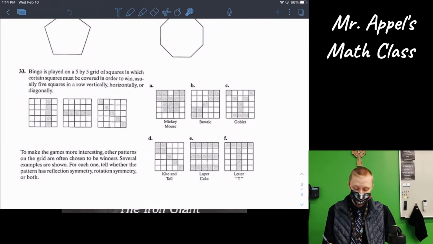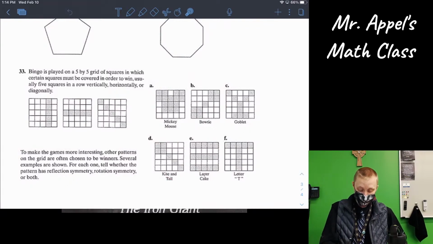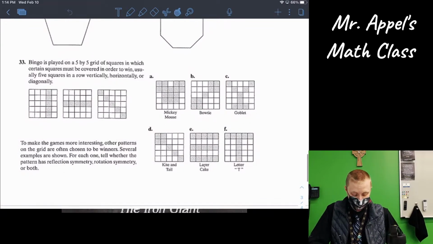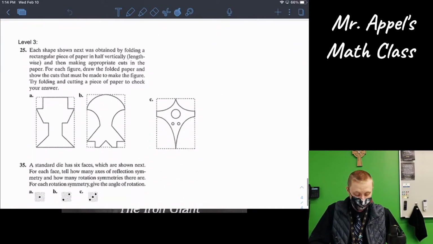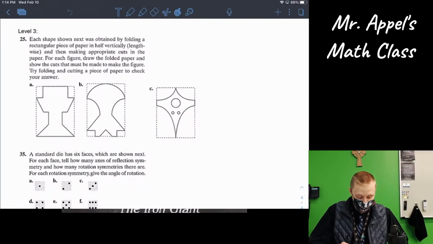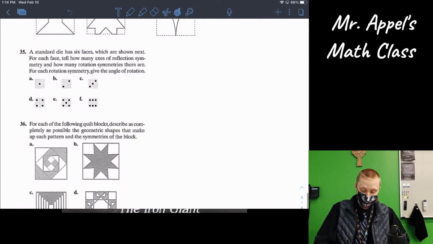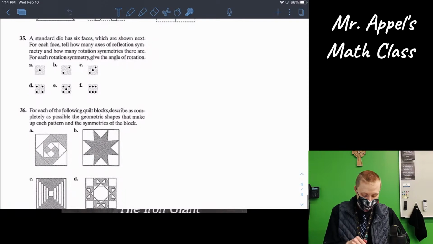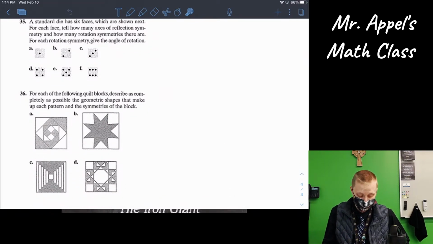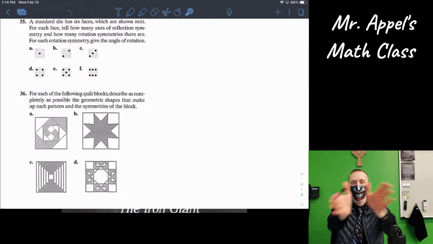Fill the whole card. Well, what about some more interesting shapes? That can be fun. Find the symmetries there. And then level 3 has another folded paper and die faces and back to quilt blocks like they had in the example within the text. Okay? So there's your problem set.